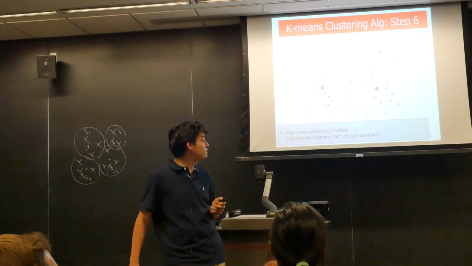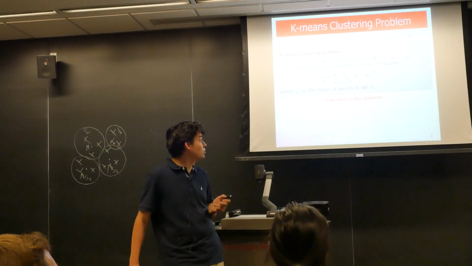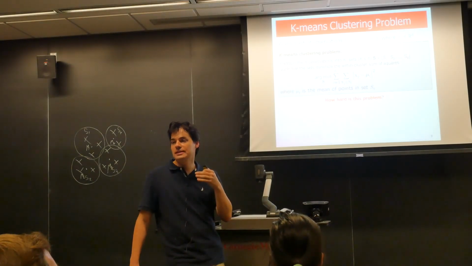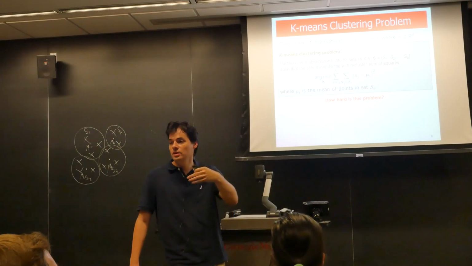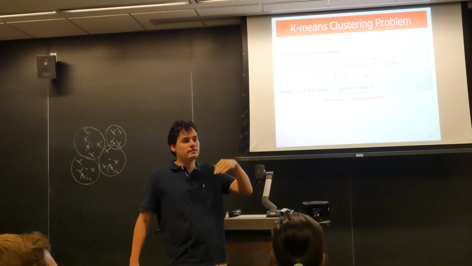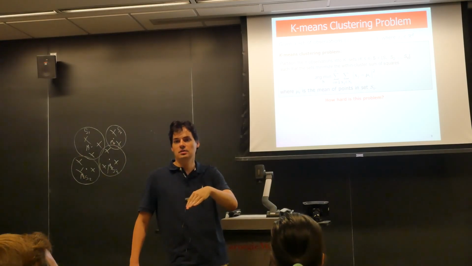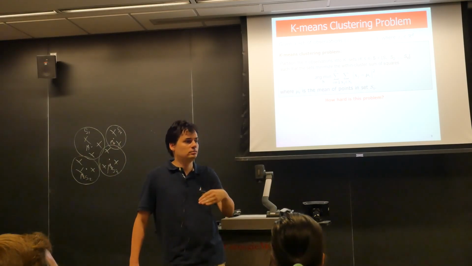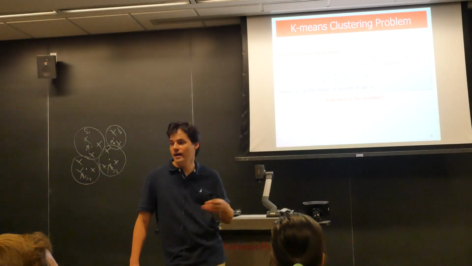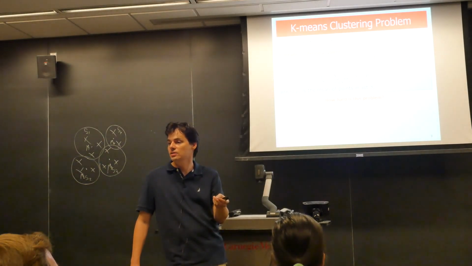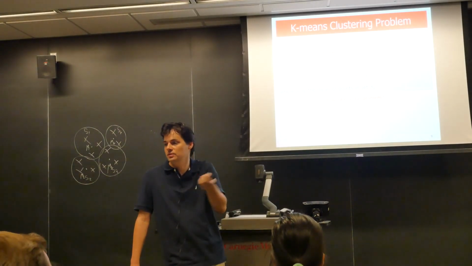There's an objective, and when we run this algorithm, in each step, the objective either stays the same or decreases. And because I have only finitely many allocations, at some point the objective will just stop decreasing.